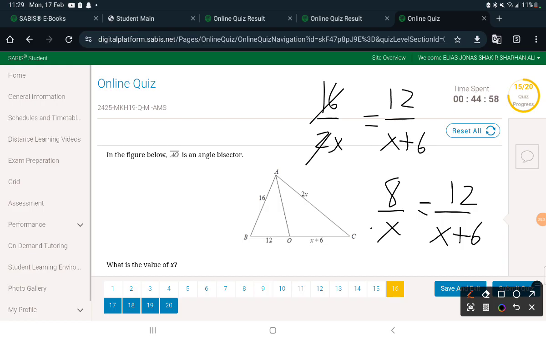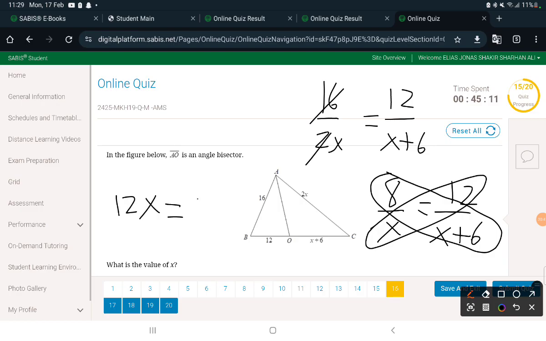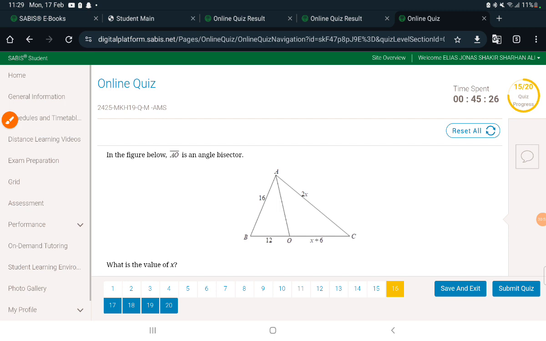Yeah, so cross multiply. 12 multiplied by x is 12x. 8 multiplied by x is 8x. 6 multiplied by 8 is 48. So we have 12x equals 8x plus 48. We take 8x to the other side. 12x minus 8x is 4x. So that's 4x equals positive 48.